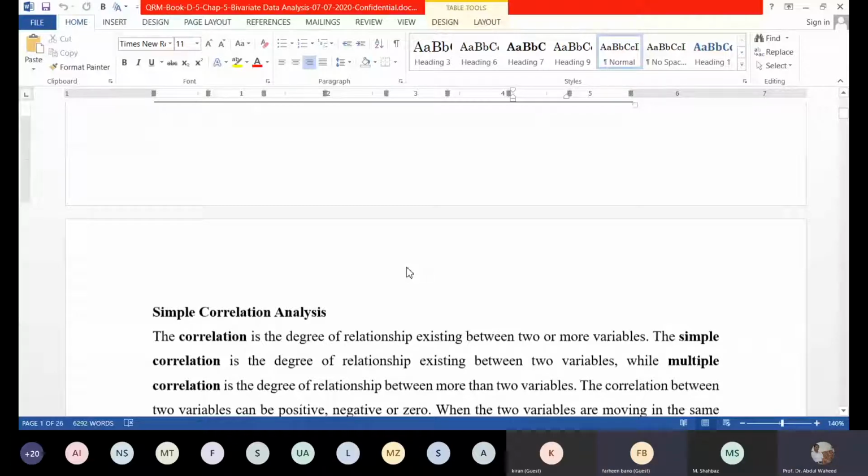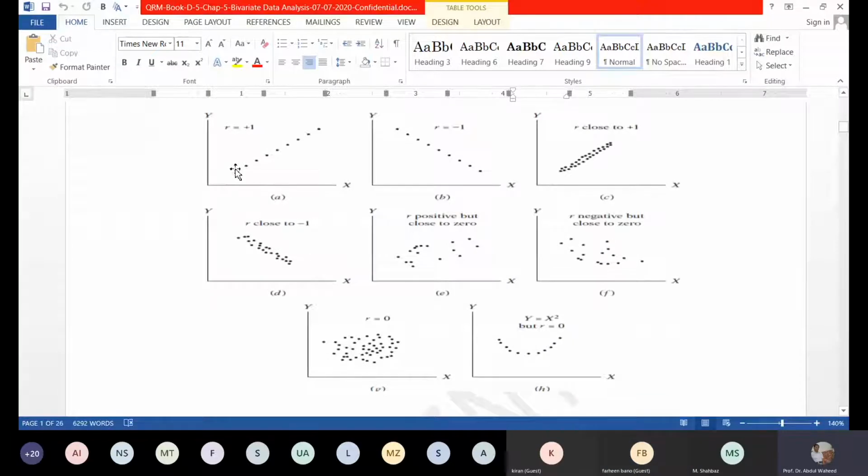Here you can see, this is the scatter plot. The paired values of x and y are plotted and they are not joined. This is a scatter plot.